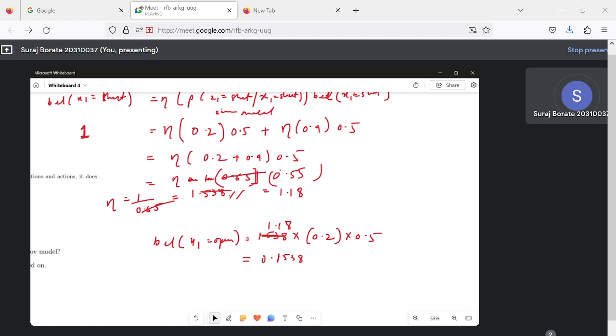And we'll use the sum of the belief trick to find eta, because the sum of belief over all the states is equal to 1. By that we get the eta value. Then we'll resubstitute eta in this formula to get the belief at that particular state. So it is as simple as that.